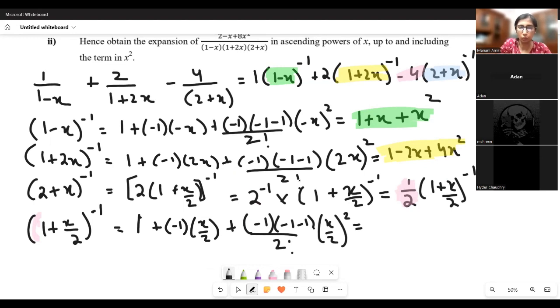So that's giving us 1 minus x upon 2, and then -1 times -1 divided by 2 factorial and divided by 4 as well, because there's a 2 in the denominator and then there's a square on it. So I'm getting 1/4 of x squared. Let me check this.